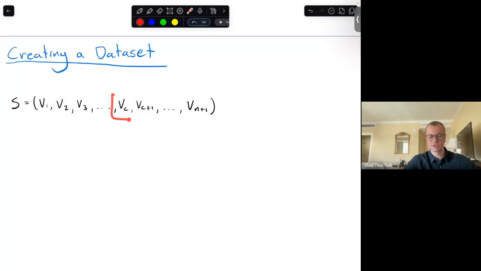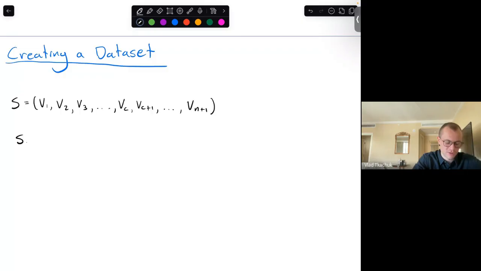And you end up taking every subsequence that's of length C, that's your context length, and then you just use the next token as the label Y. First we're going to break this up into sequences as inputs and Ys as outputs, and then we'll convert them into vectors in a moment.